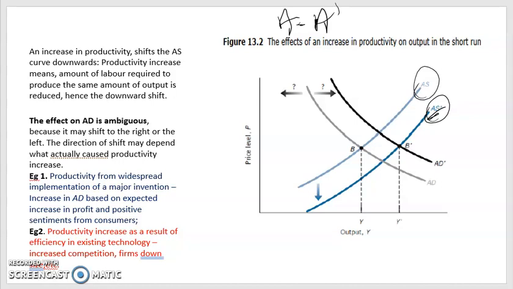In the previous video, we explained two basic triggers. Trigger one: if the increase in productivity comes from the widespread implementation of a major invention, the aggregate demand will shift to the right and output would increase, as shown by this arrow here.